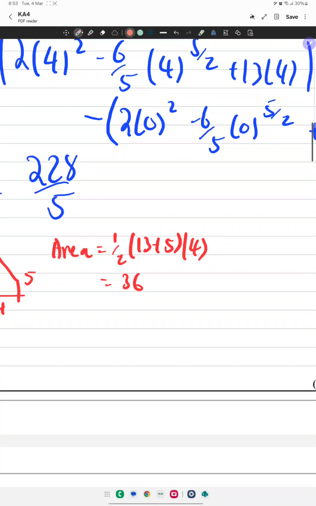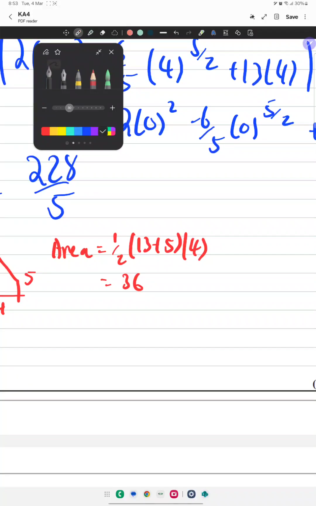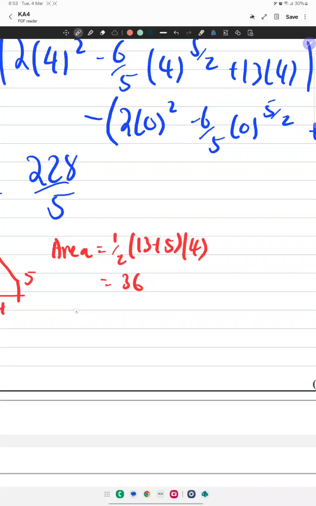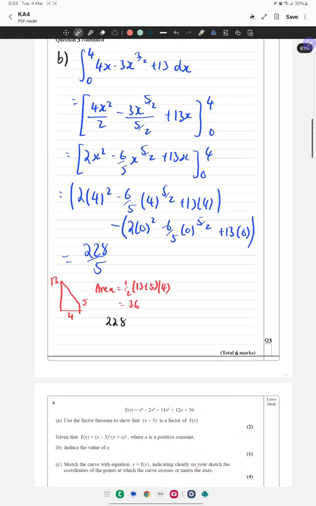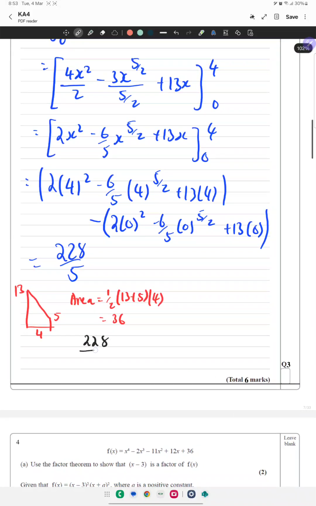So the area we want in the end is going to be the integral take away the trapezium, which is 48/5.